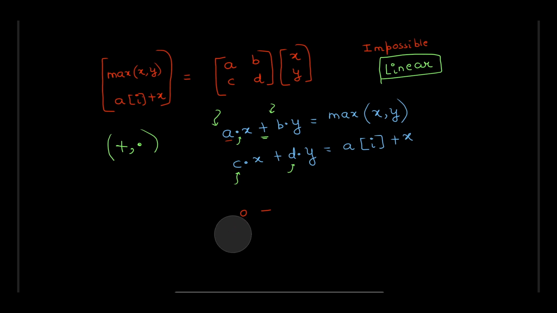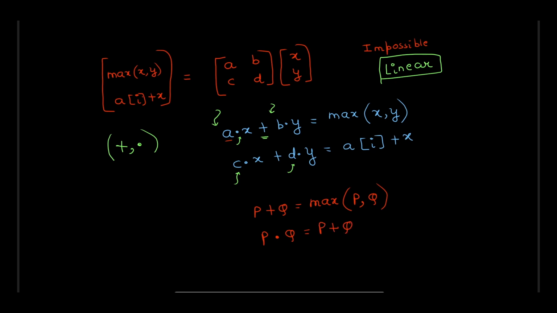Let's define p plus q. Let's say that this means maximum of p comma q, because plus can represent anything. So let's say that this means maximum of p comma q, and let's say that p dot q would mean p plus q.